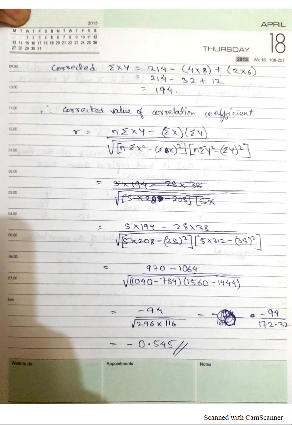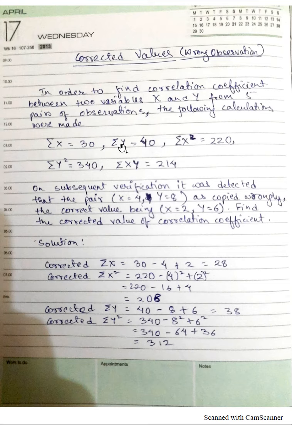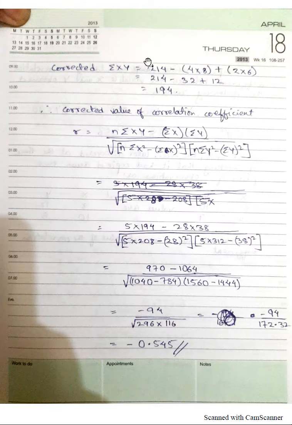Now finally, one more thing that we need for our calculation is summation xy. What is summation xy? You take the product of x and y for each set of observations and then add them together. So summation xy here is given as 214.